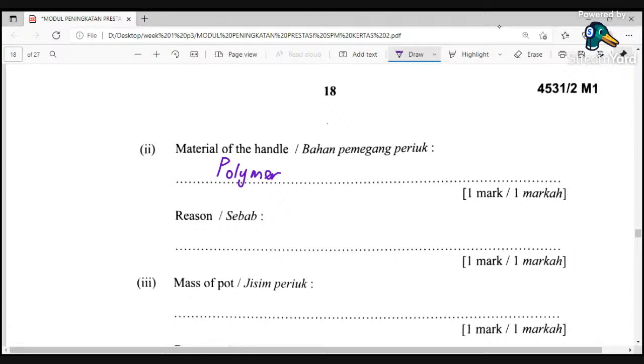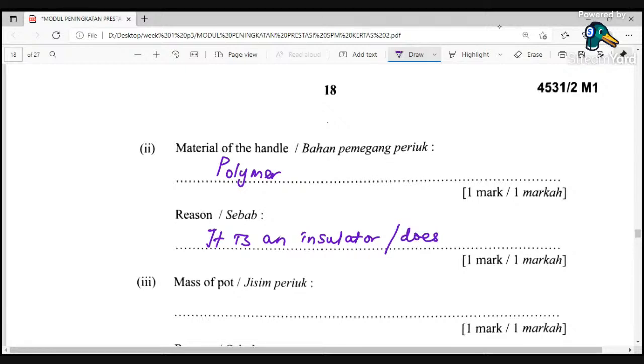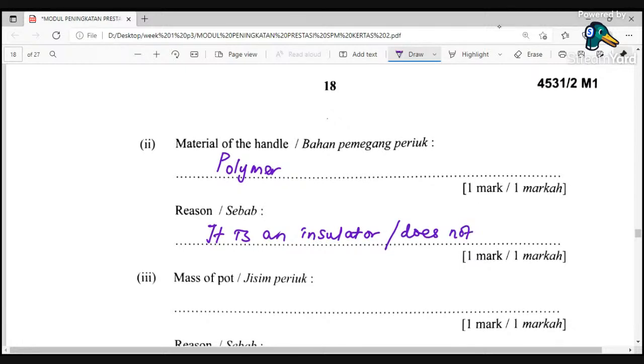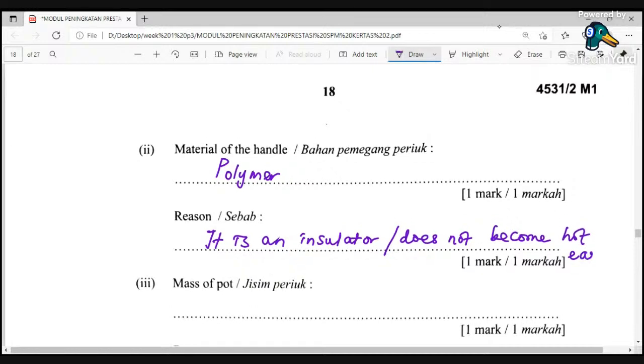Okay. It is an insulator. Tak jadi panas lah maksudnya.